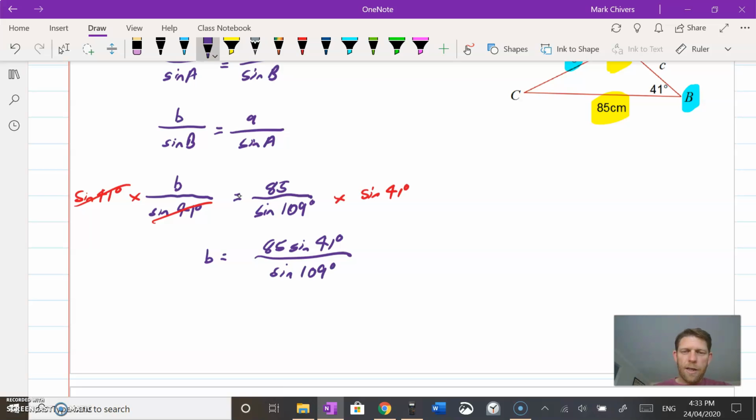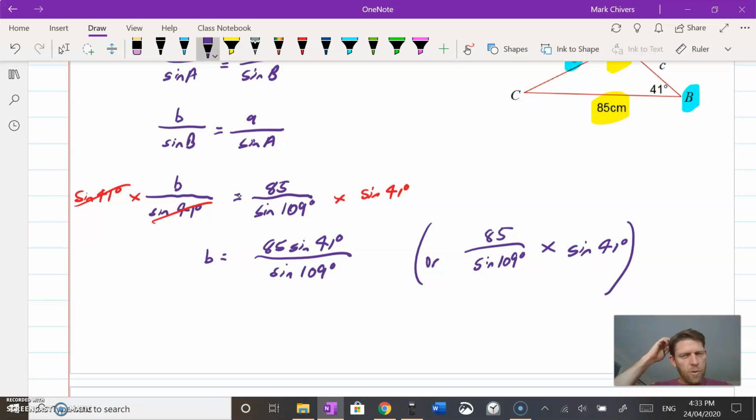If you don't like the way that's written, you could also write that as 85 on sine 109 times by sine 41 degrees. Just make sure you get your order of operations correct on your calculator. Either way, it will work out exactly the same on your calculator.